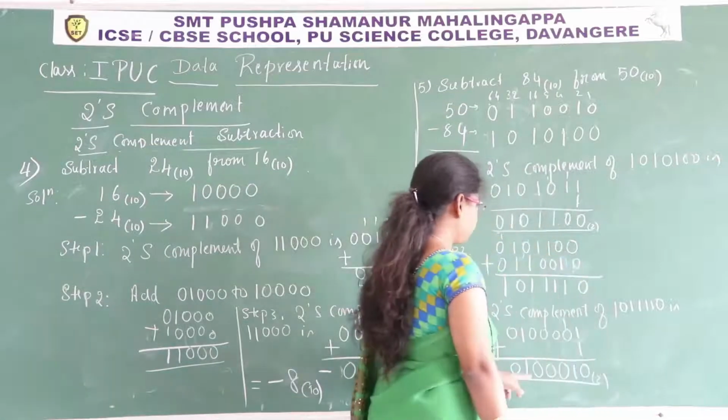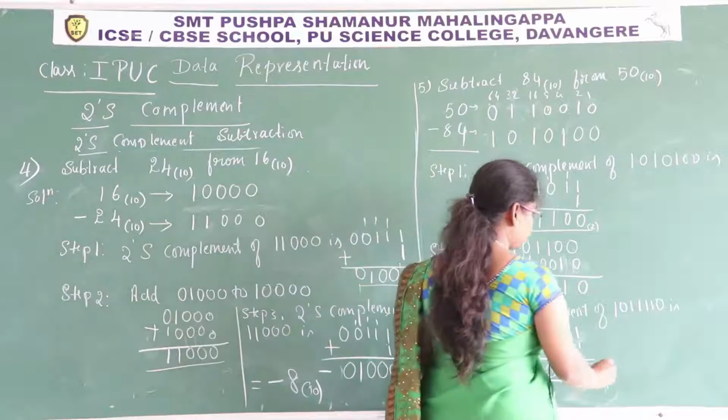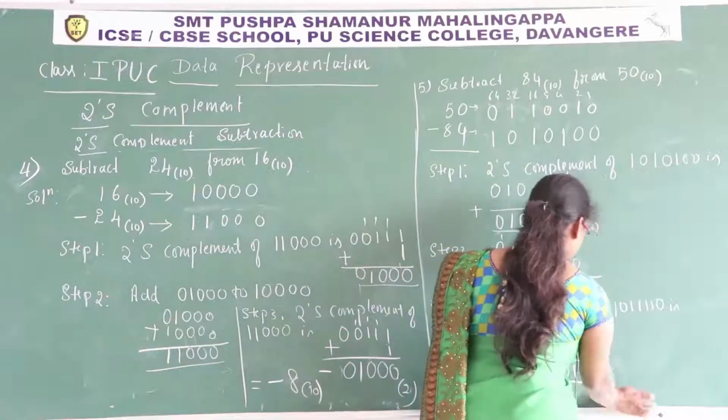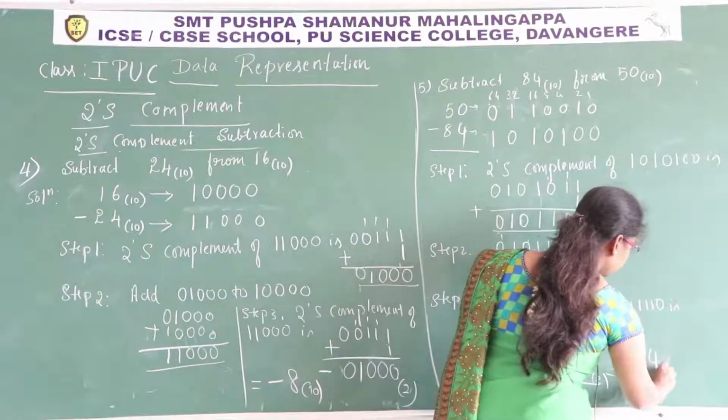What is this number? 32 plus 2 is 34. The answer is minus 34. We have to put a minus sign here: minus 34 base 10.